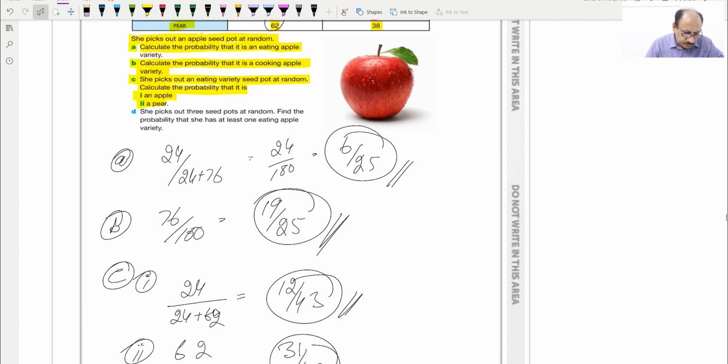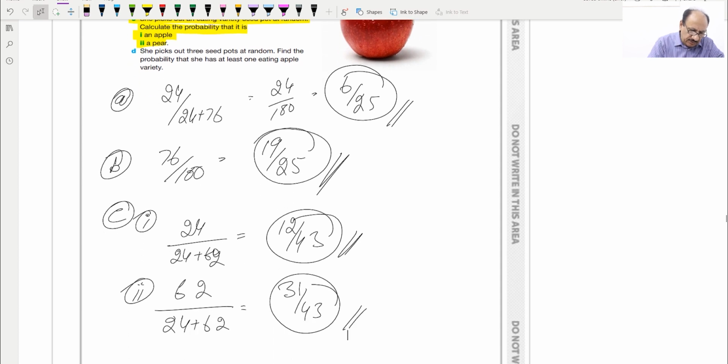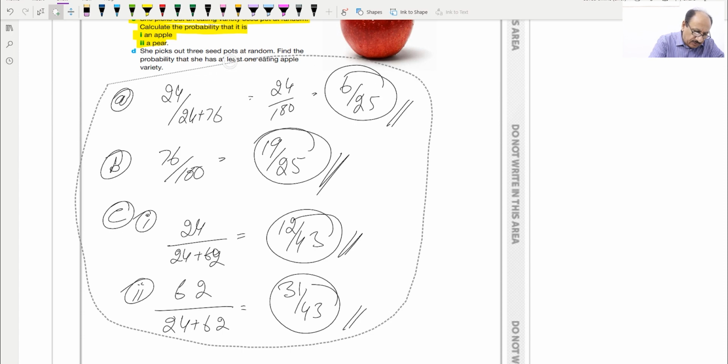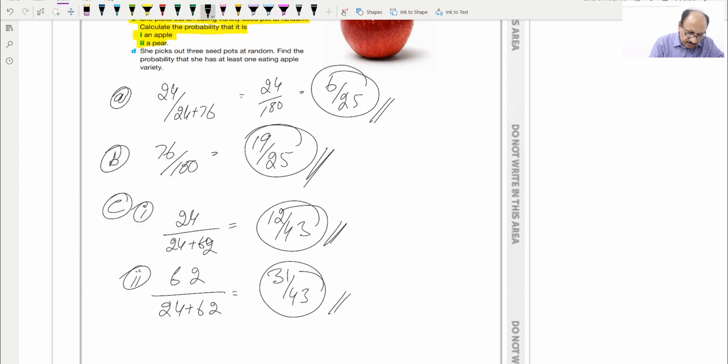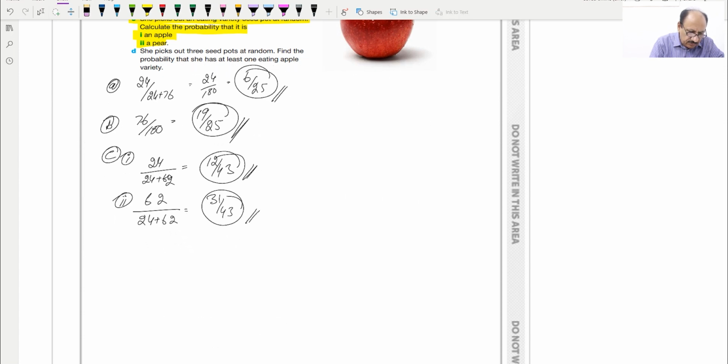Now the third part is a little tricky. Basically the D part is a little tricky. We will make some space and go ahead with the D part, and the D part says she picks out 3 seed pods at random.